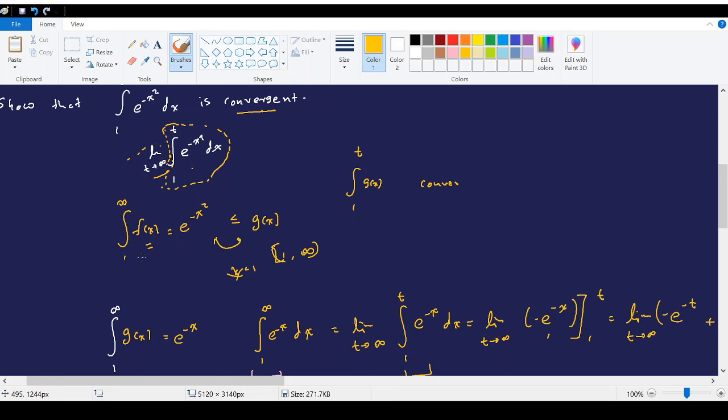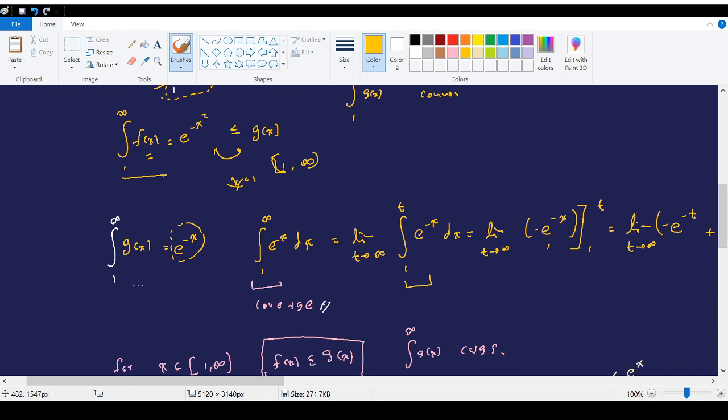and to prove the convergence from 1 to infinity, we needed another function, a second function, because we were going to use the comparison test. And to prove the convergence of this simpler function, we use the fundamental idea of convergence, that is by considering this limit.